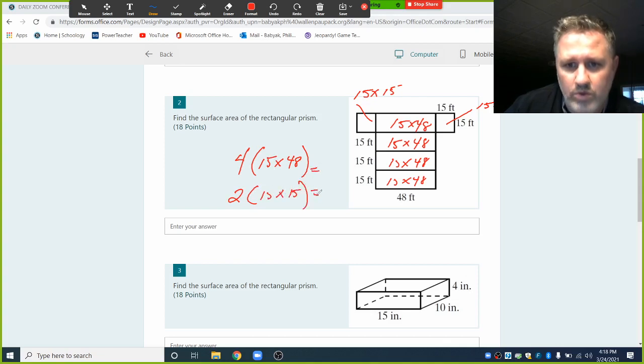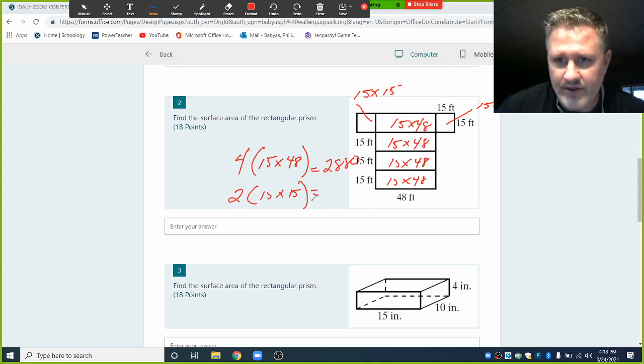So now we just have to multiply that out and figure out what we get, right? So let me get my calculator going. 4 times 15 times 48. We should have gotten 2,880. And we've got 15 times 15, but we've got 2 of them, right? 15 times 15 times 2. We get 450.